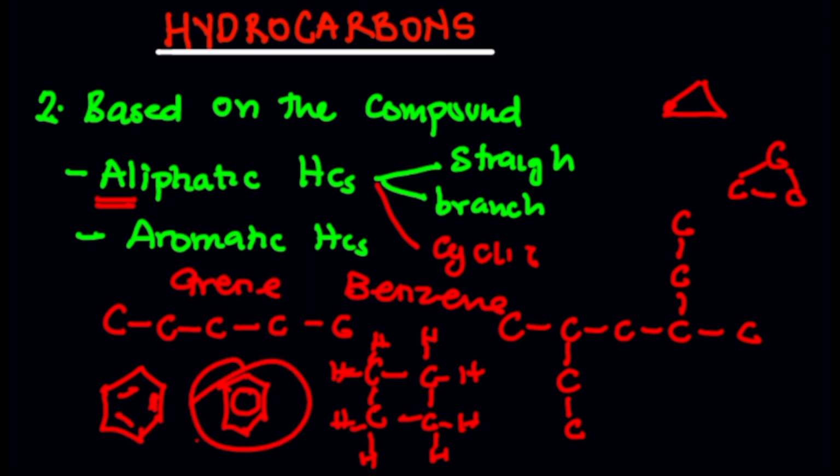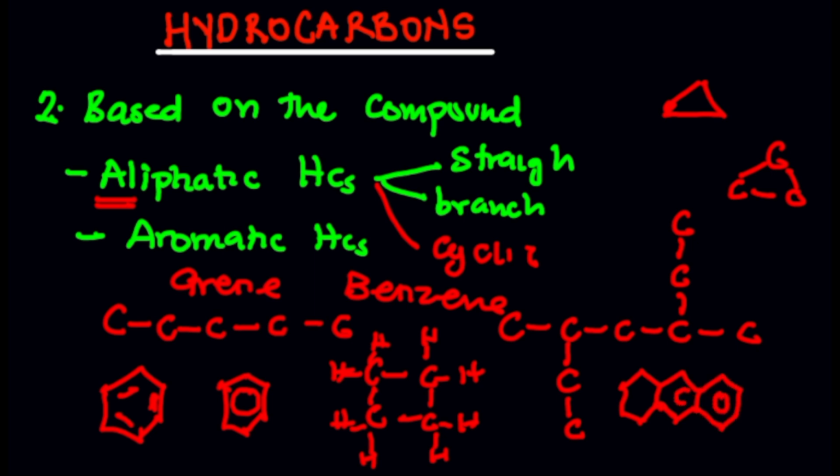We have a benzene ring like this, and another benzene can fuse with it. Then another benzene can fuse with it, as you can see. So this contains 3 benzene rings.